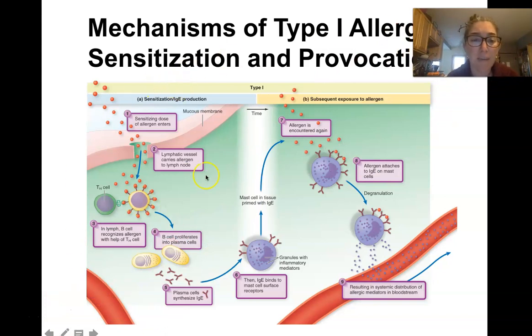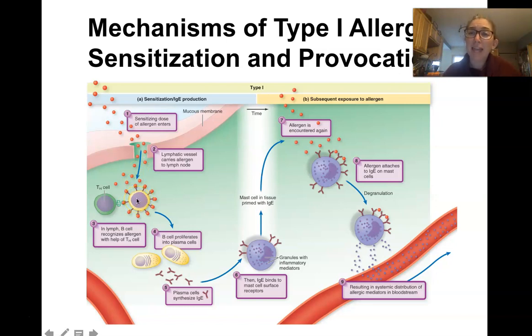So the first step on the left side here, you get some sensitizing dose, whether it be peanut protein or latex on your skin. It goes into your body, and it's recognized by B cells.